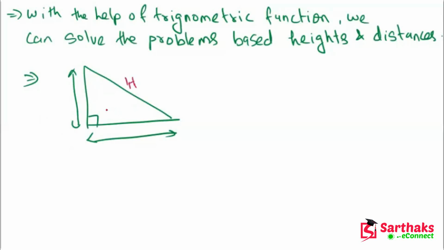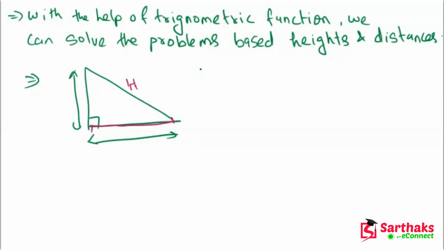Now if we want to find the distance between these two points, how can we calculate? We can calculate using trigonometric ratios. In the previous lecture we already learned about the trigonometric ratios. Now here we are just seeing a brief description of them.